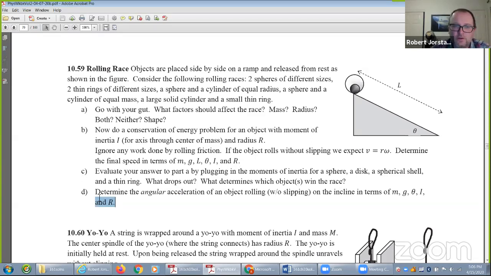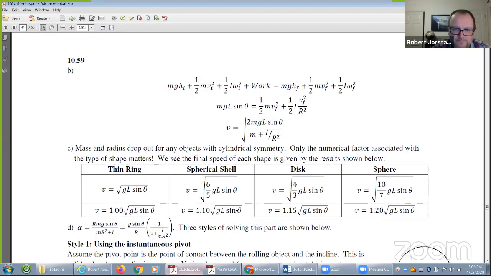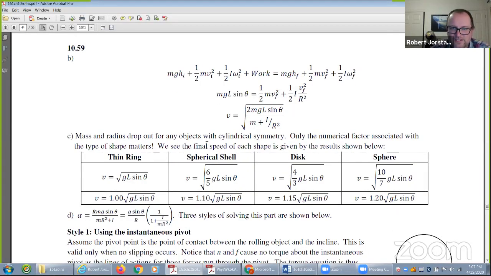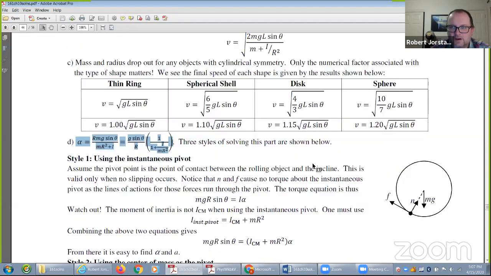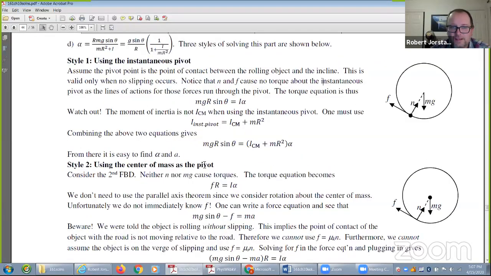Let's go look at the free body diagrams for 1059 in the solutions. So here's the answer, and then here are 3 styles of solving this problem. I think it's worth seeing all 3. Style 1 is my go-to.